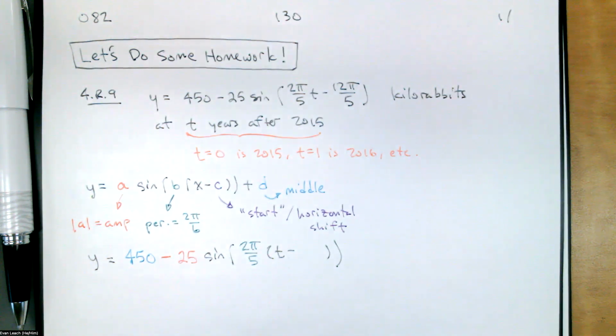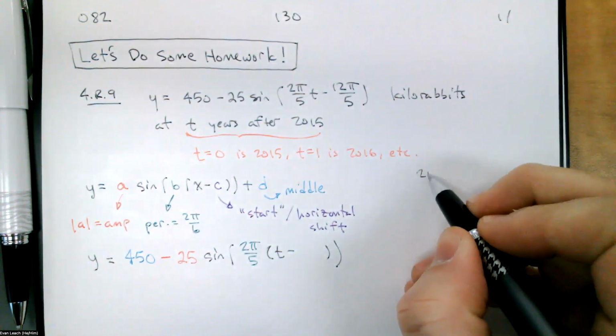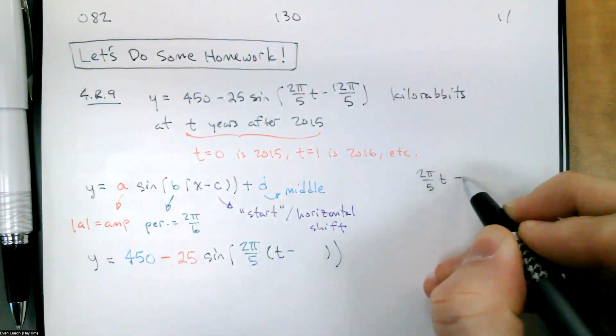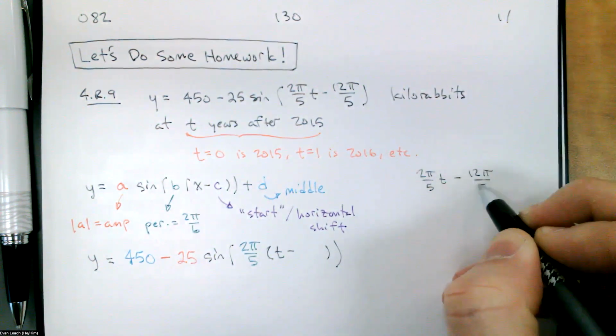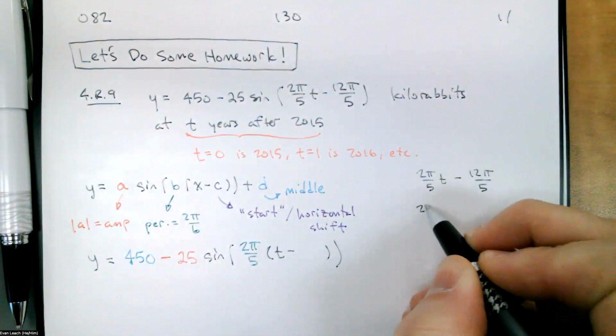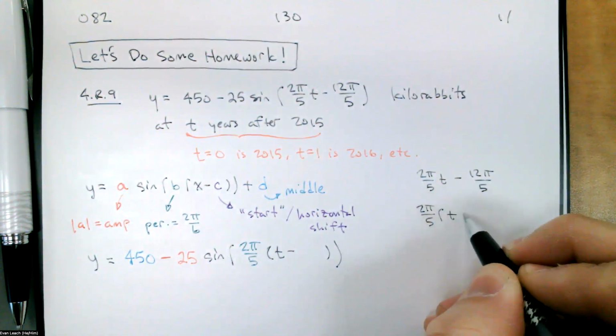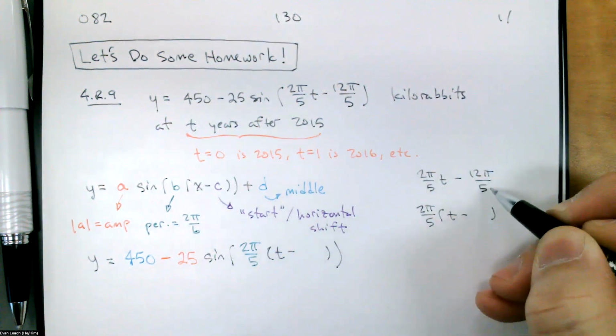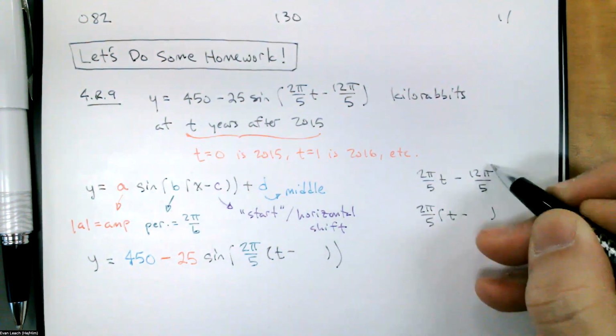Notice that the way we're given this function, it's 2 pi over 5t minus 12 pi over 5. The coefficient of t has been multiplied. So that's 12 pi over 5. That is b times c. So I want to rewrite this expression, 2 pi over 5 minus 12 pi over 5. I want to factor out the 2 pi over 5 and see what this constant is. We've taken the over 5 out, and we've taken the pi out.